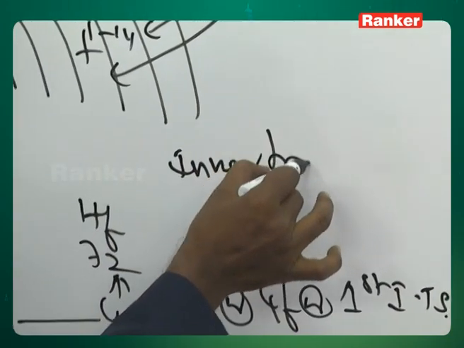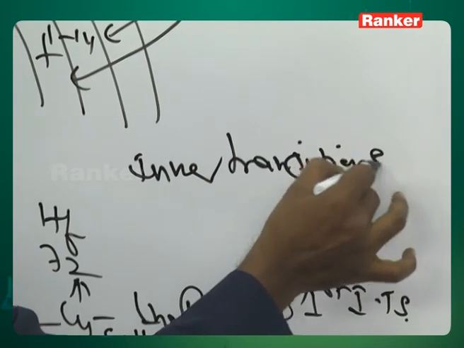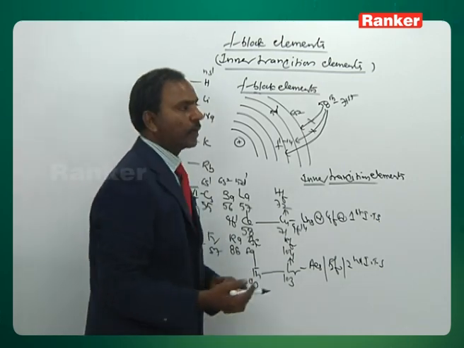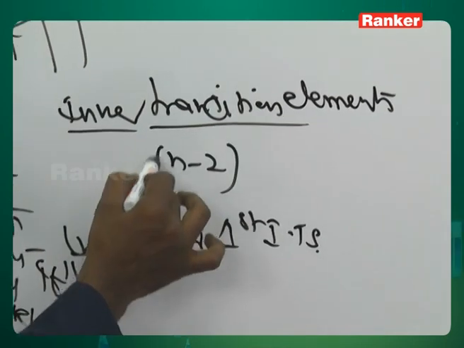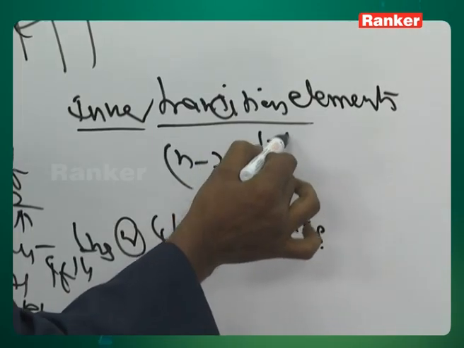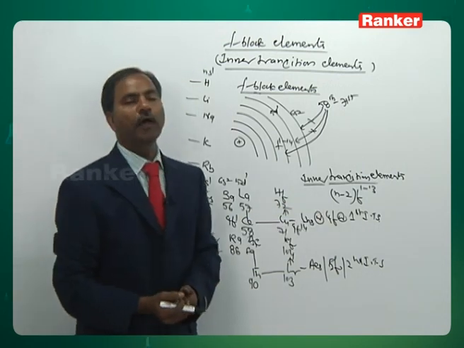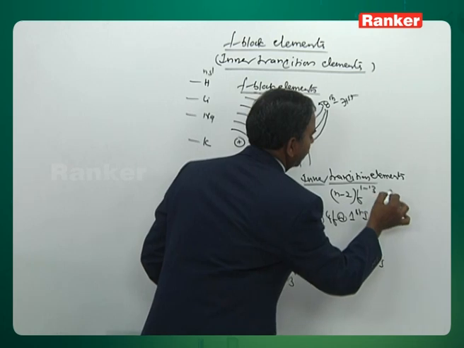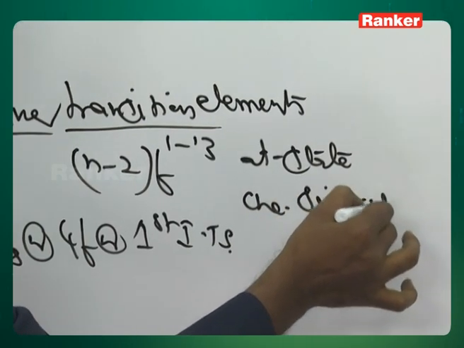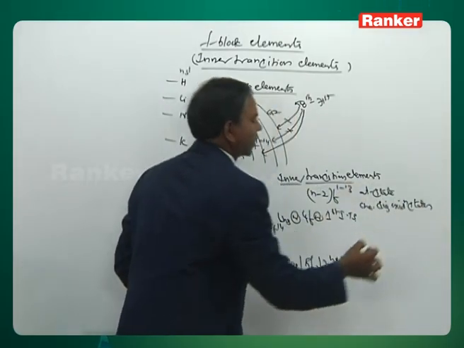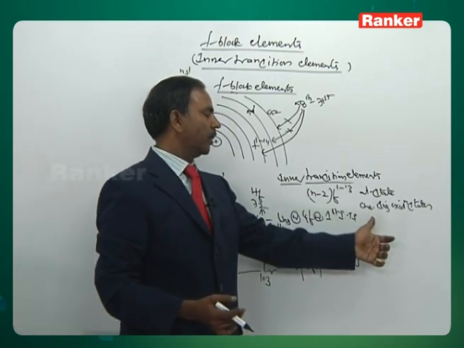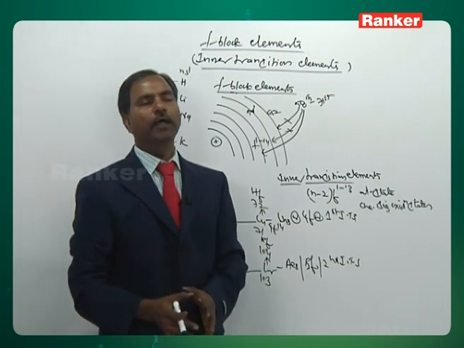Inner transition elements. Now, the elements which are carrying incompletely filled n-2 f orbitals, let me say 1 to 13, either in their atomic state or in their chemically significant oxidation states, are known as inner transition elements.